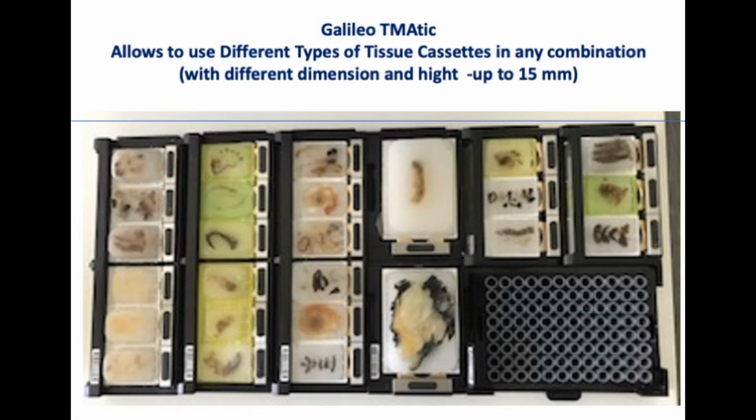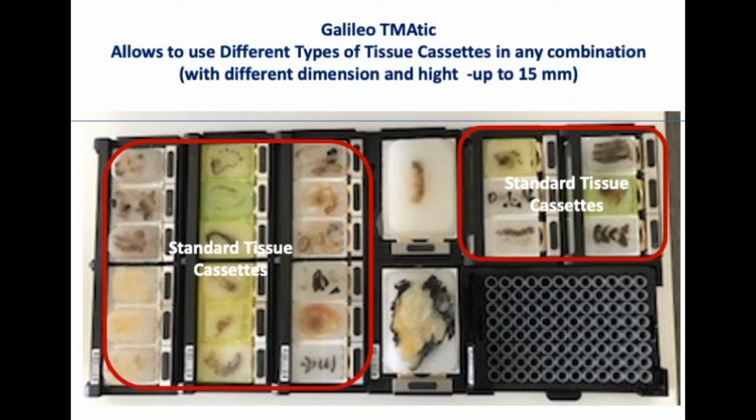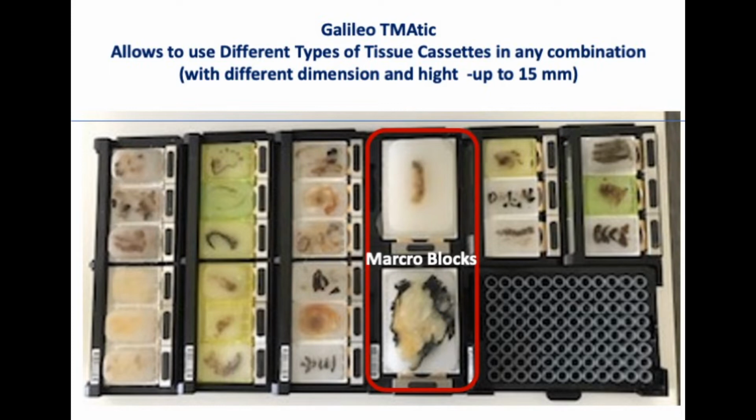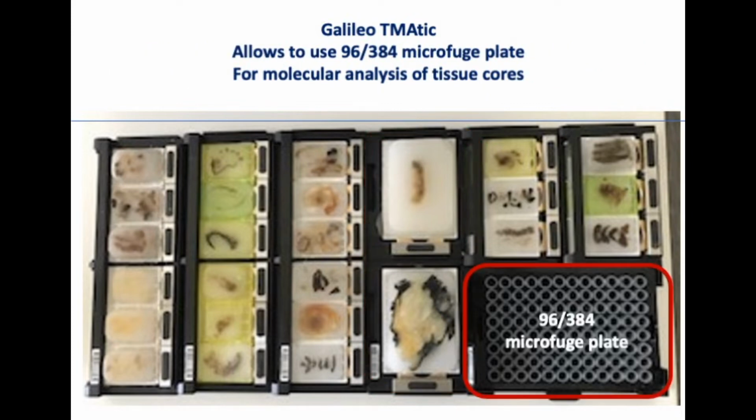One of the unique features of GALILEO TMAtic is to be able to work with different types of tissue cassettes simultaneously, such as standard tissue cassettes for all types of archived tissues, macro, used especially for prostate cancer, and 96 and 384 microfuge plates for molecular analysis of tissues extracted near the respective core on the TMA block. This facilitates the comparison of the protein and molecular analysis of the cells from the same tissue area.